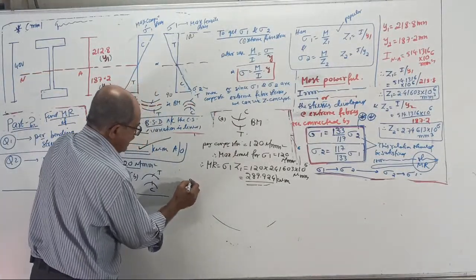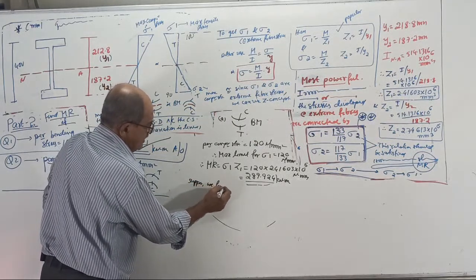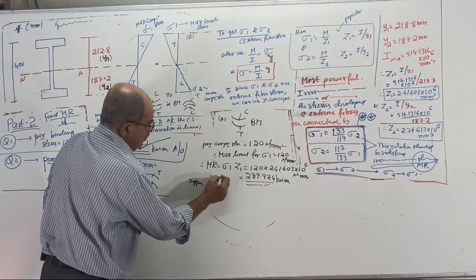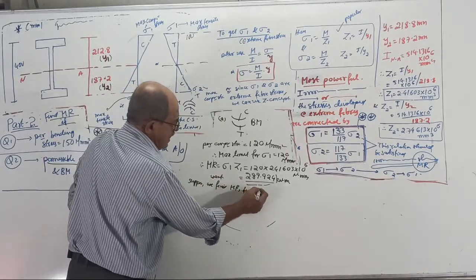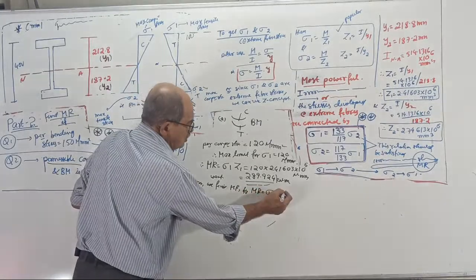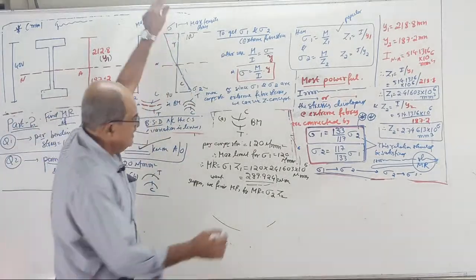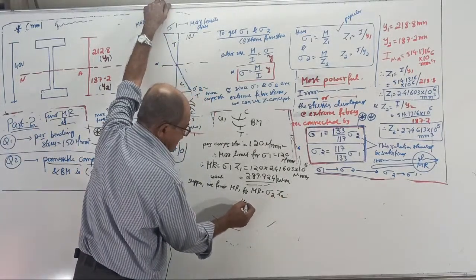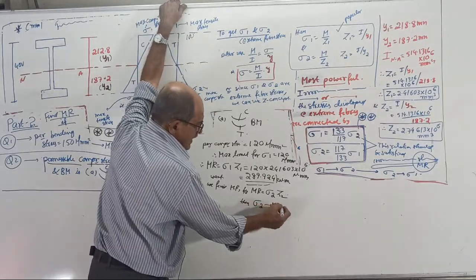Now, one minute. Or note, suppose we want to find MR by the equation MR equal to sigma 2 into Z2. Okay, no problem. Then sigma 2 is what? Maximum allowed what stress?